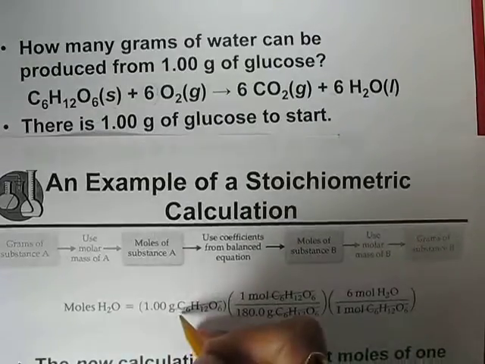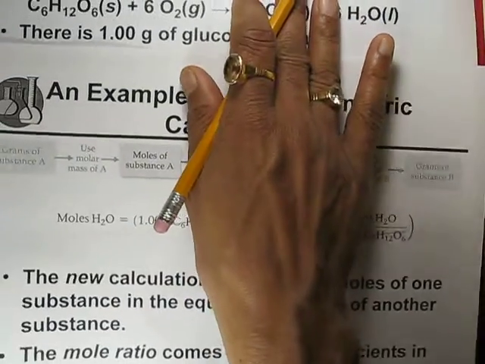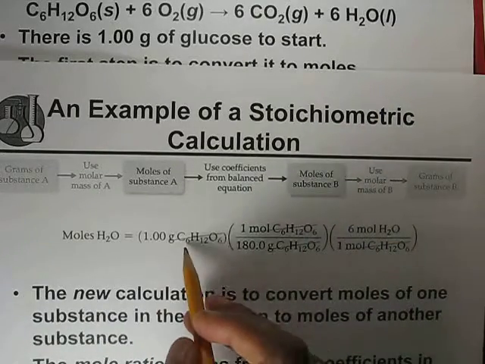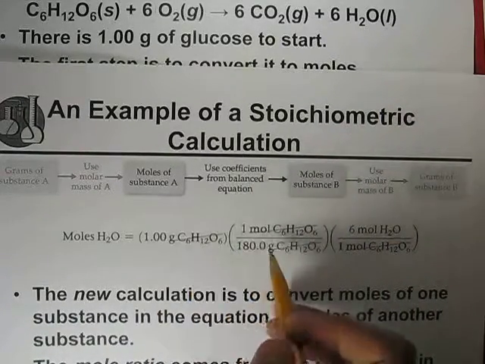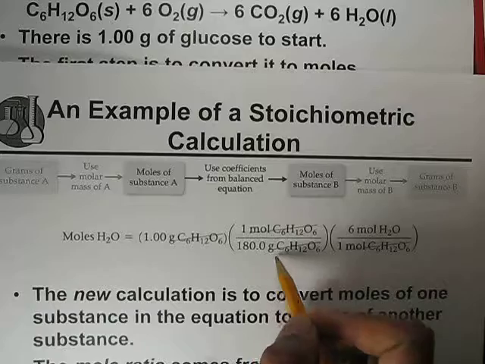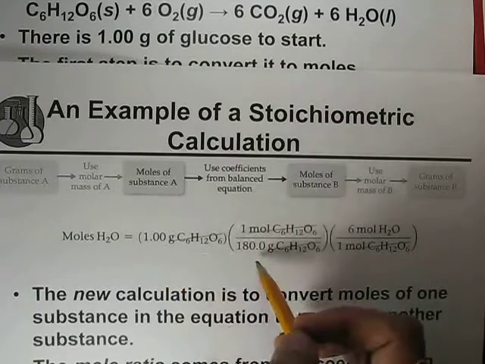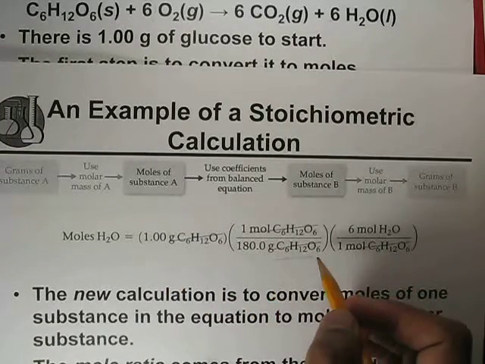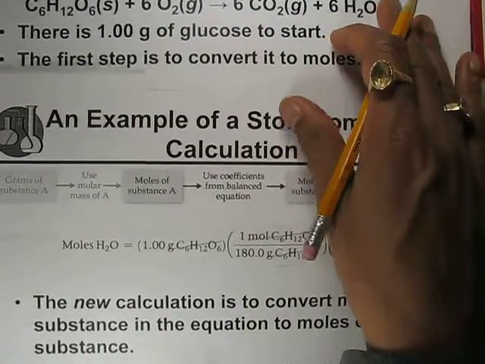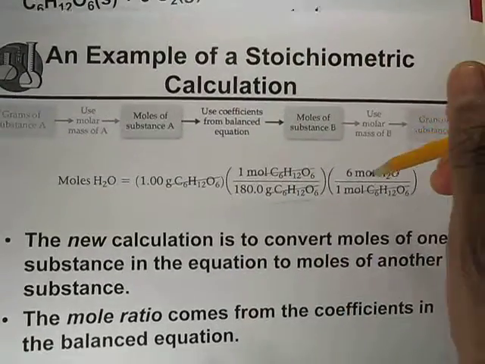So the moles of water will be equal to 1 gram of glucose, and we have to convert that. 1 gram of glucose is equal to 1 mole of glucose divided by 180 grams of glucose. This is the molar mass of glucose. So glucose will cancel out, and now we know how many moles are in the 1 gram of glucose. And then we have to convert.